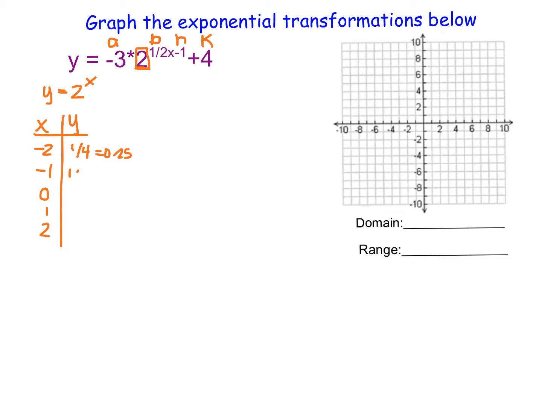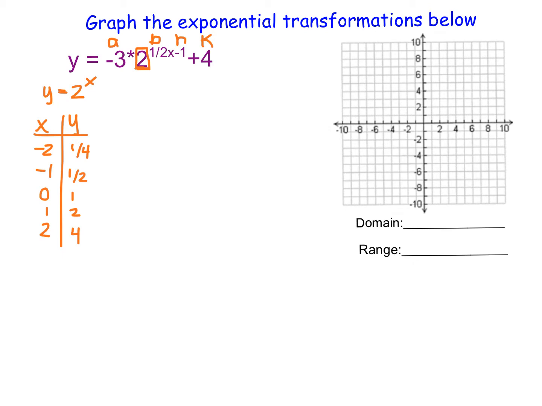Then here we'll get a value of 1/2 or 0.5, which they're the same thing again. Then with x is 0, we'll get 1, x is 1, we'll get 2, and x is 2, we will get 4. So that is where we start. I'm going to keep my fraction answers, but again, remember, if you have the decimal answers, that is fine too.